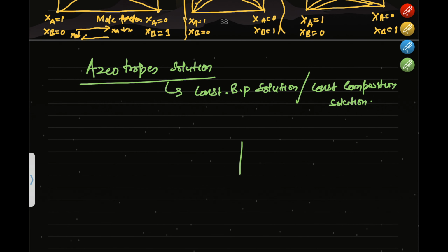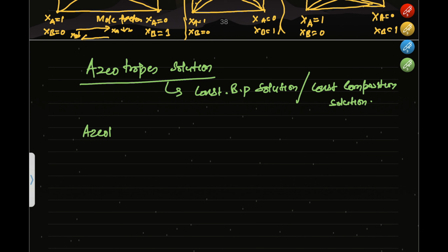Suppose the solute and the solvent have the same boiling point after mixing and form the solution, and the composition of the solute and the solvent in the liquid phase is the same as the composition in the vapor phase.